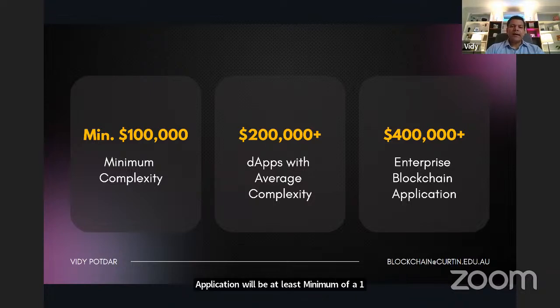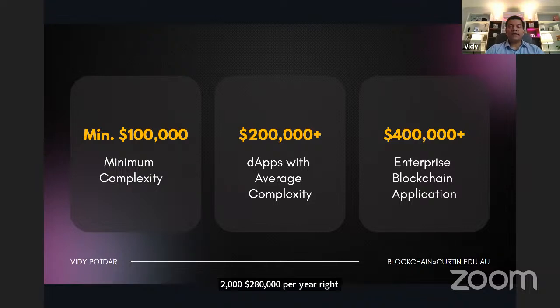When you think about this, these are actually very reasonable numbers. The reason I say this is because in Australia, at least, or in the US, the average salary for a blockchain developer could be anywhere between $120,000 to $180,000 per year, right?